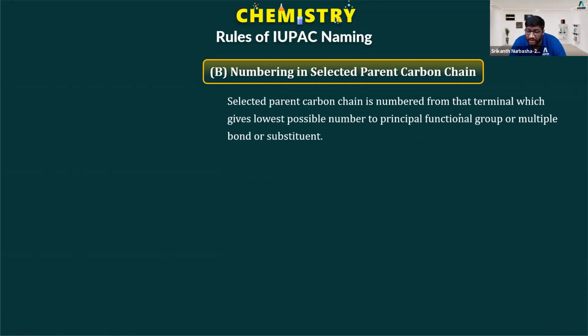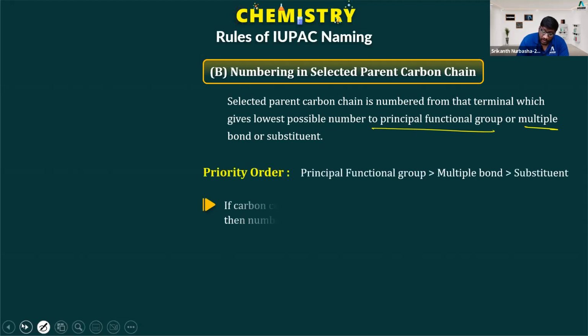Selected parent carbon chain is numbered from the terminal which gives lowest possible number to the principal functional group or multiple bond or substituents. The lowest number has to be given to principal functional group first, then the multiple bond, then the substituent. And order is obviously principal functional group greater than multiple bond and substituent.